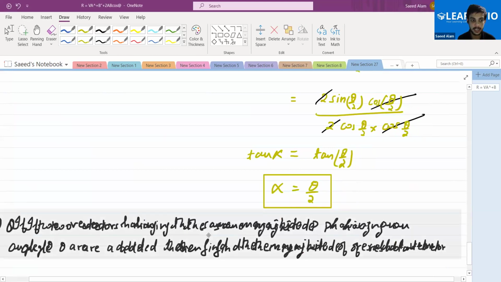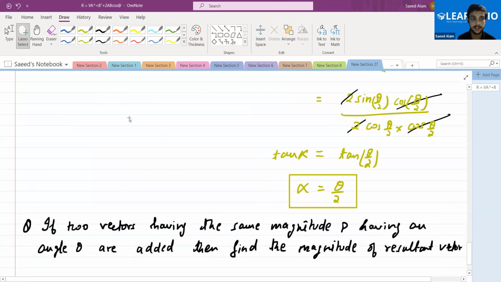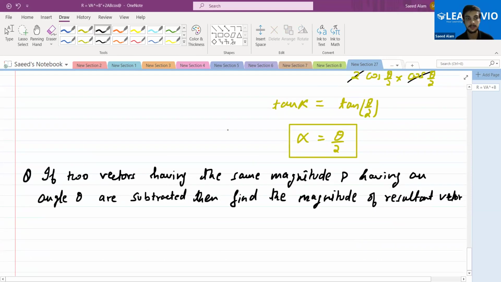Okay, so let the question be like this: if two vectors having the same magnitude P and an angle theta are subtracted this time, then find the magnitude of the resultant vector.